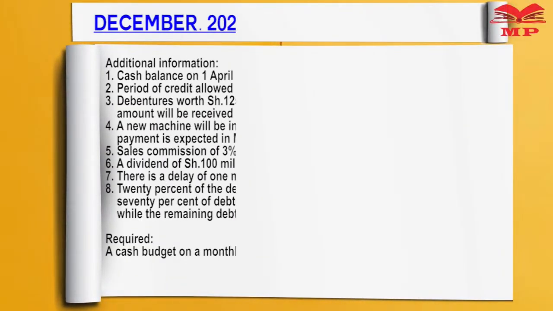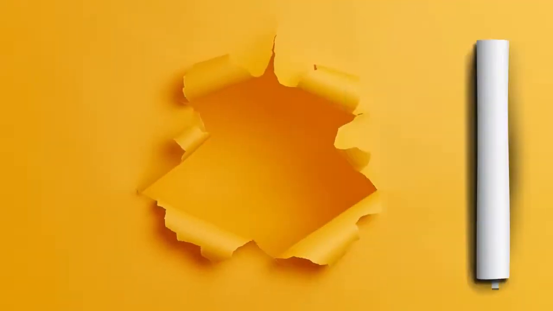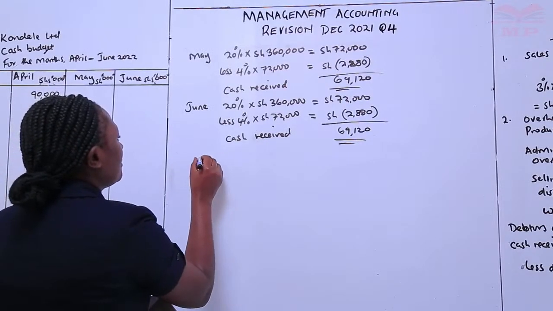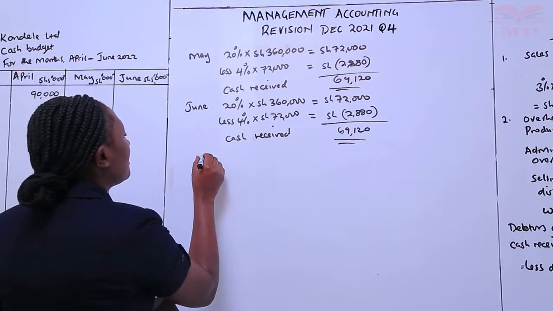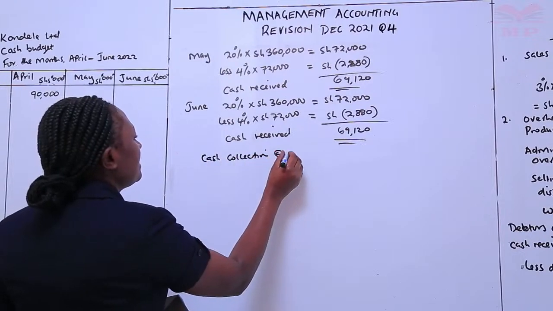Then on the same note, number 8, we are told that 70% of debtors pay within 1 month. Paying within 1 month means when they buy in the month of April, before the end of April they will have paid. So that amount is again to be recorded in that very month. To calculate that, we have the cash collection at 70%.